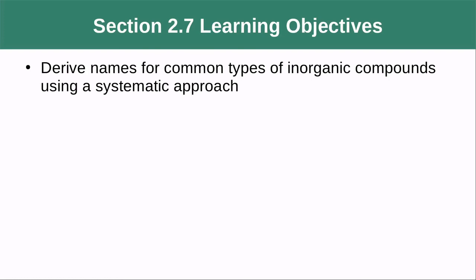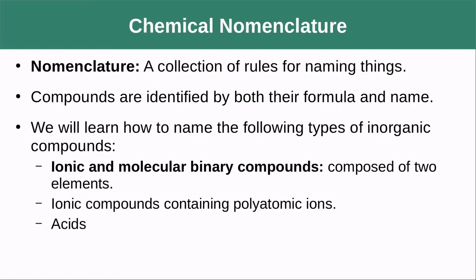Alright, so in 2.7 we're going to talk a little bit about how we're going to name our ionic and covalent compounds. So what is nomenclature? Nomenclature is a collection of rules for naming things. Compounds can be identified by both their formula and their name. This is important these days, with all the typing.